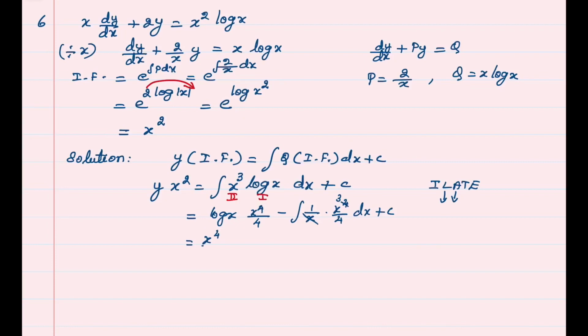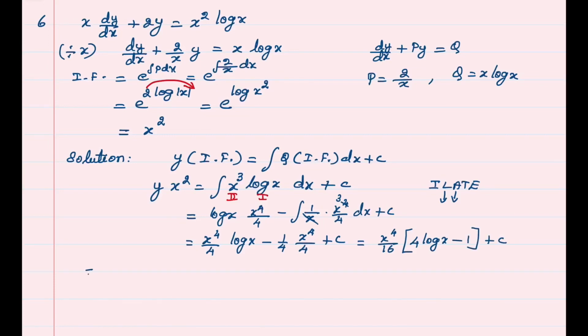X power 4 divided by 4 log x minus 1 by 4 times integral of x cube, which is x raised to 4 divided by 4, plus c. We will take x raised to 4 divided by 16 common. We get 4 log x minus 1 plus c.